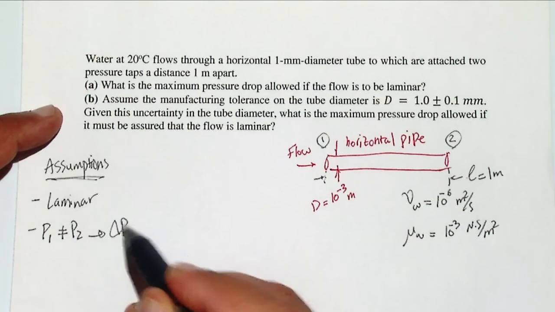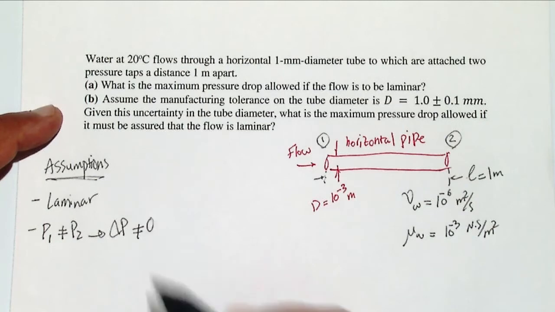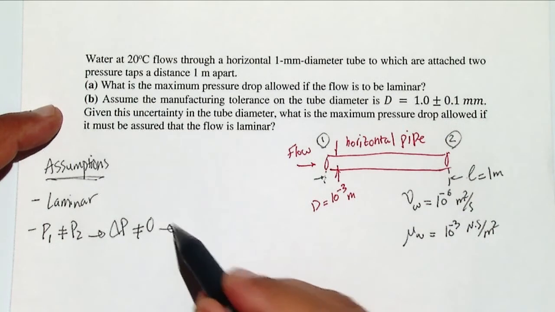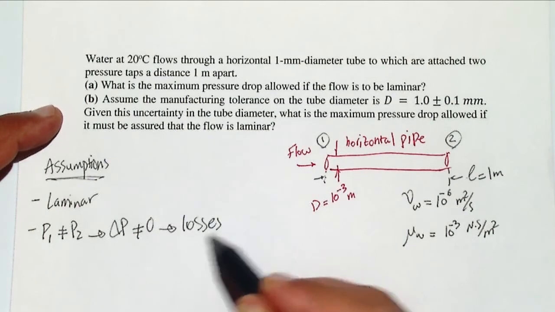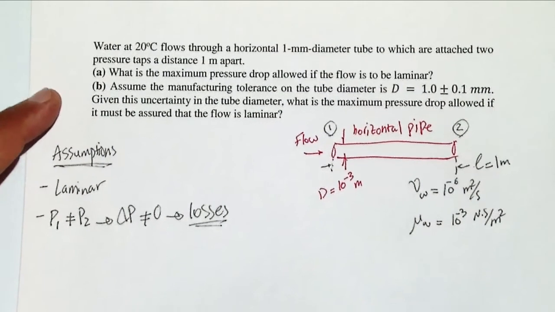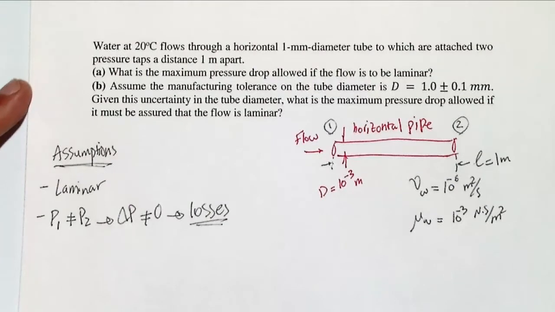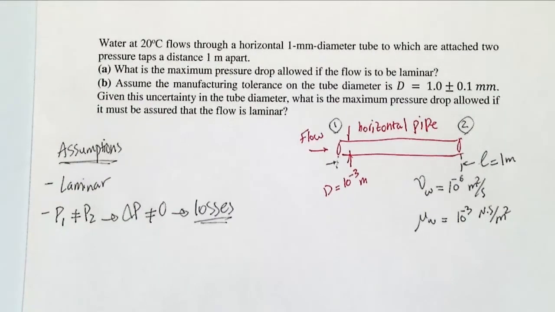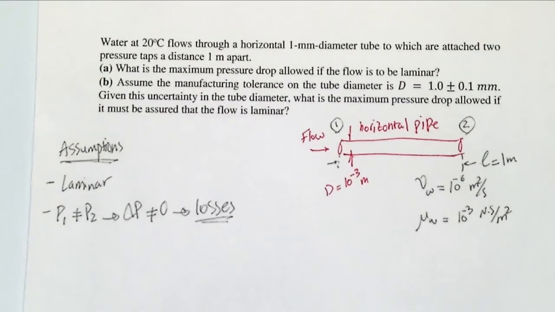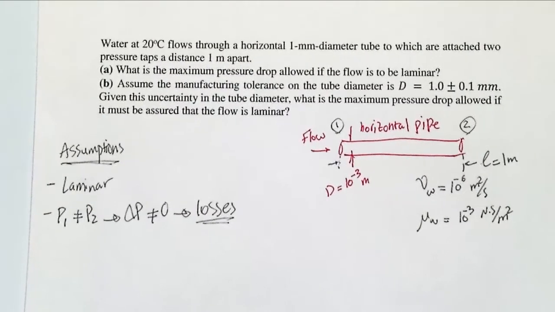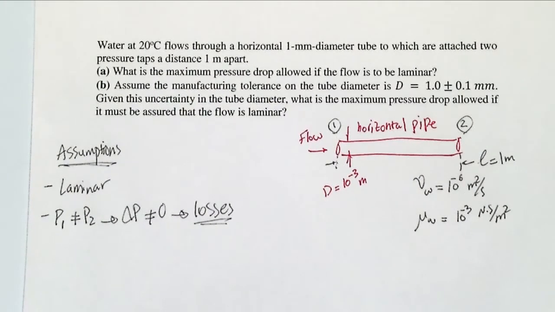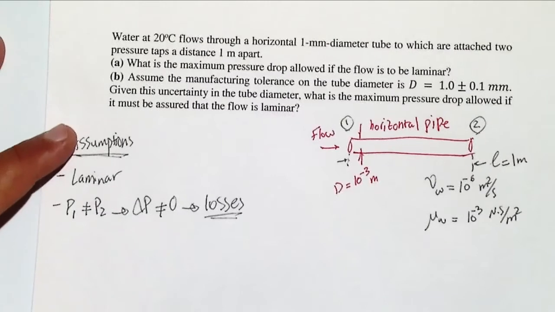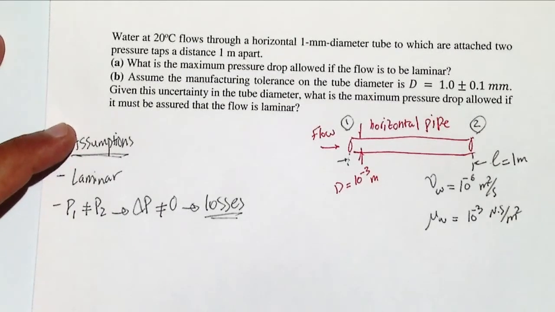It means that you have a delta P pressure drop which is not 0. And why is it not 0? Because you have losses, right? If you don't have any loss there, then you can apply Bernoulli and say that the pressures are the same. Doesn't matter whether they are static pressure, gauge pressure, or atmospheric pressure. You have to mention that the pressures are different, right?